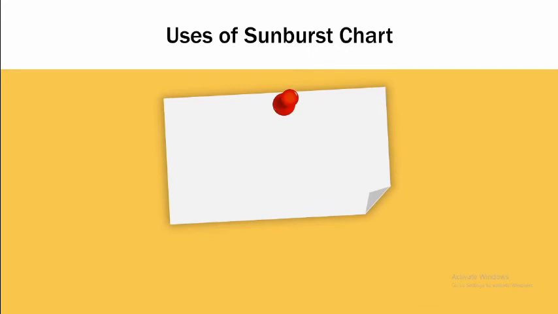The uses of Sunburst chart. The use of this chart are to show hierarchy and present information in a part to a whole manner. Hierarchy is a visualization method that shows how data or objects are ranked and ordered together in an organization or system.